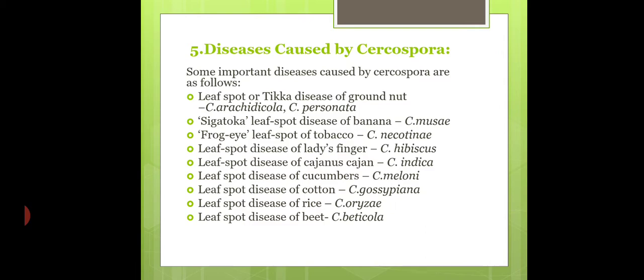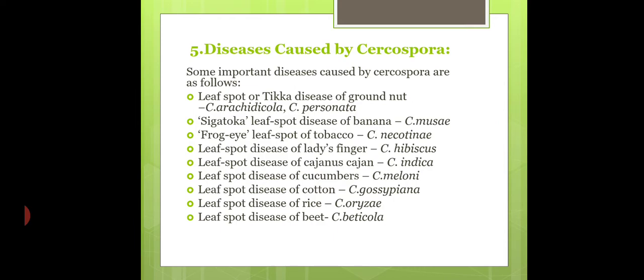The leaf spot or Tikka disease of groundnut is the commonest disease, and it is caused by two species, Cercospora arachidicola. Try to remember the botanical name of groundnut is Arachis hypogaea. That's why the species is arachidicola. Then Cercospora personata.